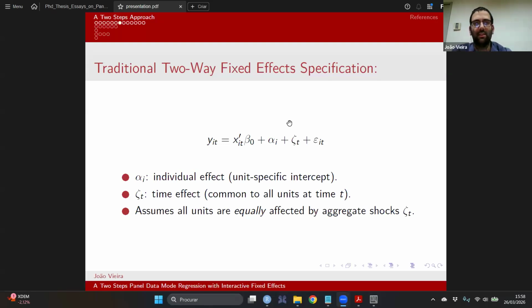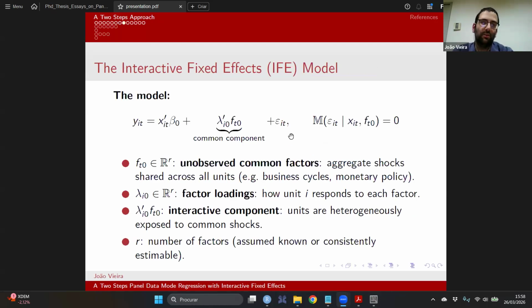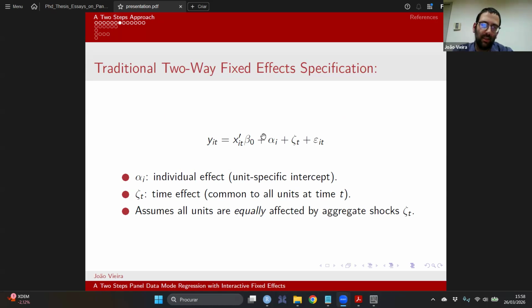First, as a reminder, I'm going to present the two fixed effects. Here we have effects on the units, the individual or specific effect, and here we have the effects through time, known as time effects. But here we also expand this approach.